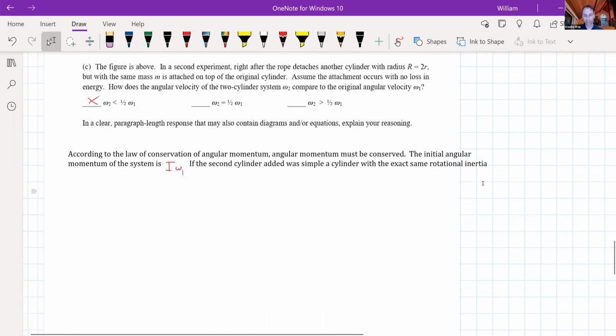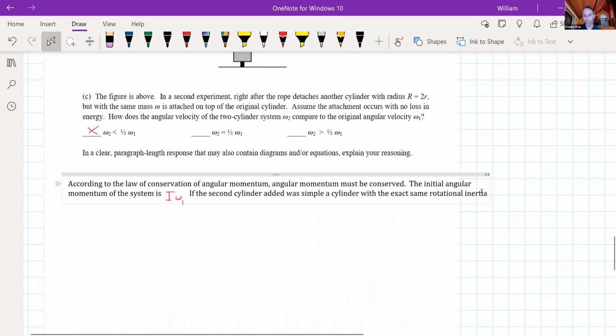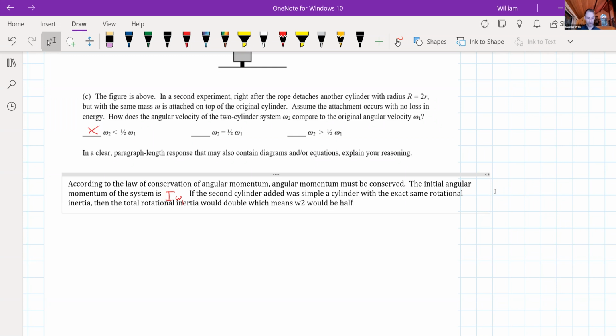So if the second cylinder added was a simple cylinder with the exact same rotational inertia, then the total rotational inertia would be double, which means omega 2 would be half omega 1.